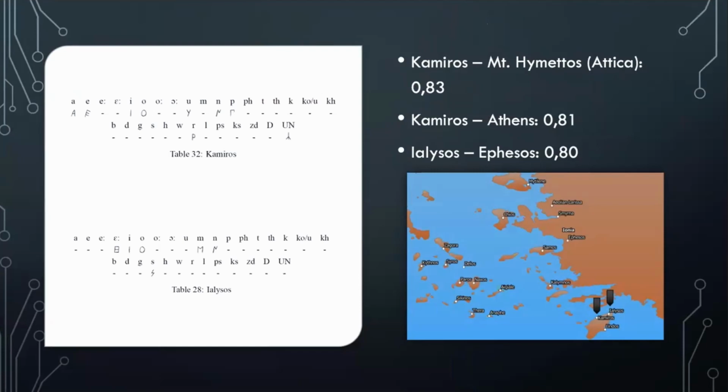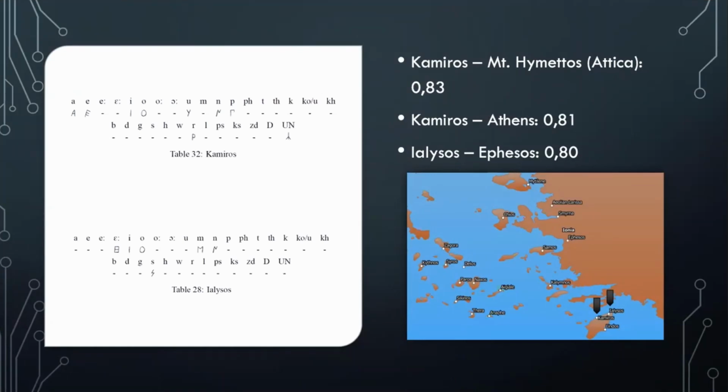In Rhodes, for example, there seems to be no cluster of alphabets between sites. In fact, Ialisos is paired with Ephesus, while Camilos is paired with Athens and Monchimetos. In this case, I think we might be looking at a problem derived from not having enough evidence for these sites.